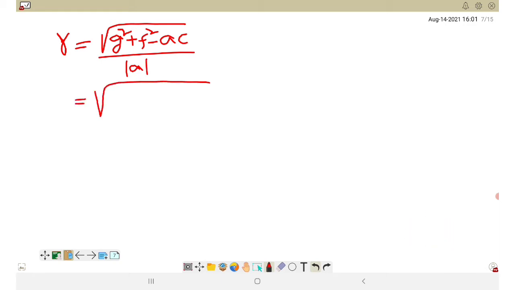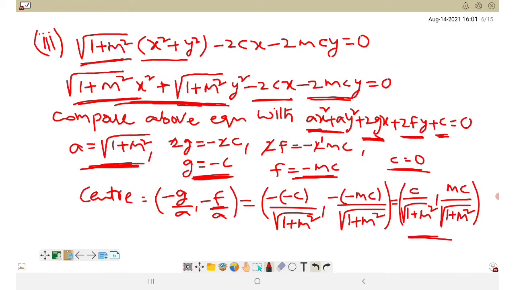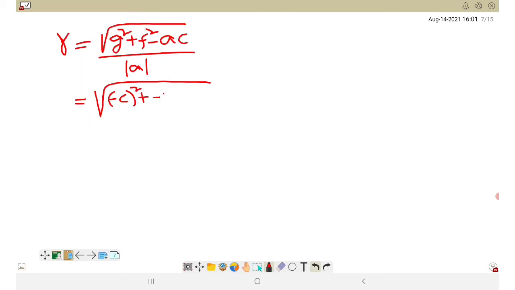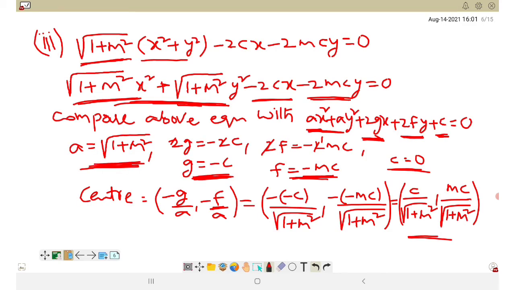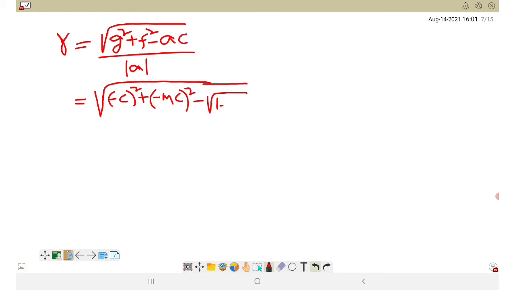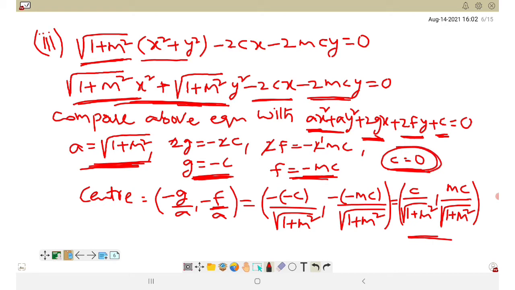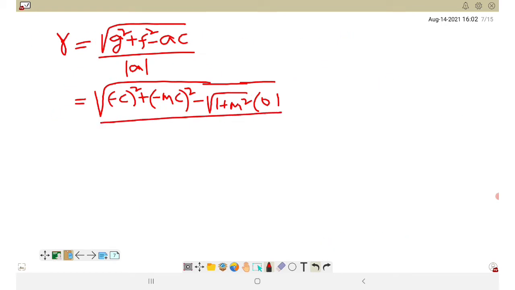Square root of g, that is minus c, whole square, plus f, that is minus mc, whole square, minus a, that is square root of 1 plus m square, into c, which is equal to 0, by mod a, which is square root of 1 plus m square.